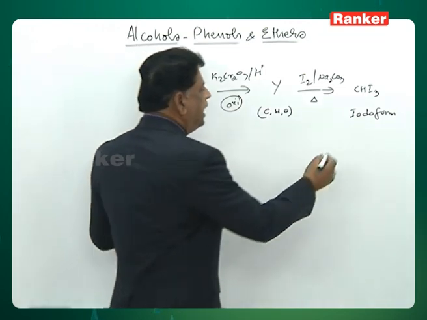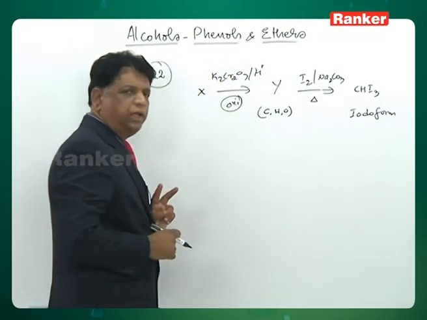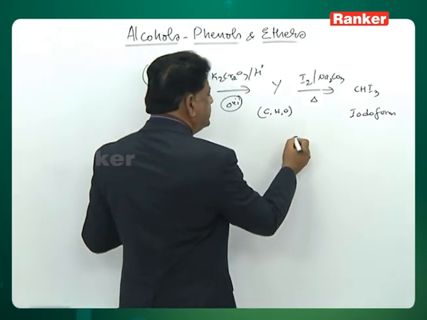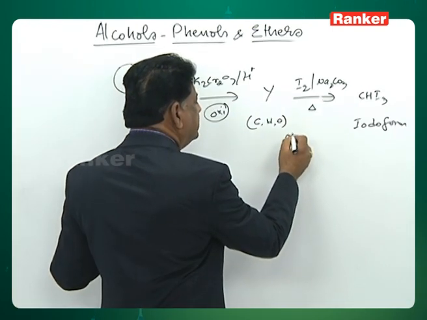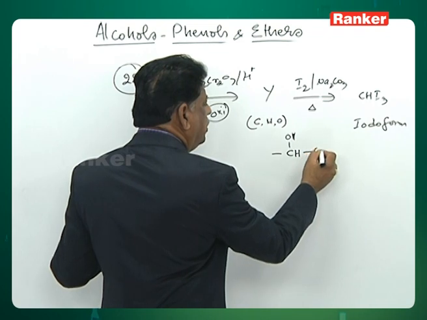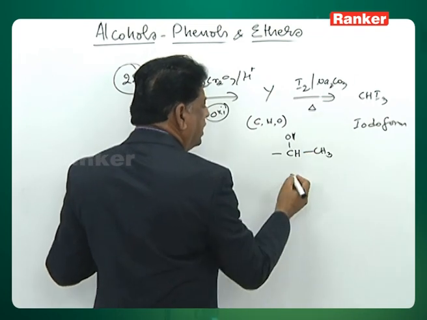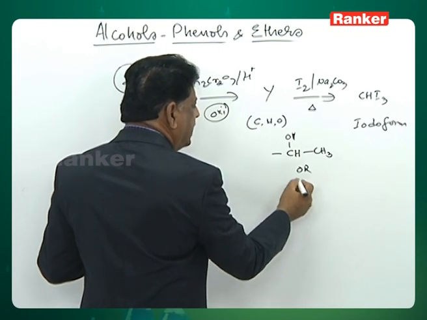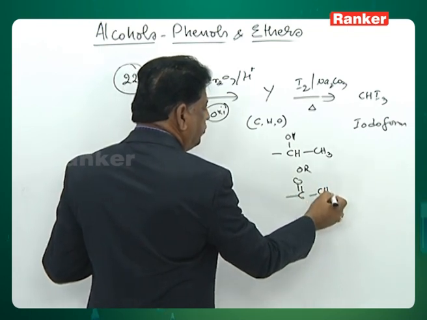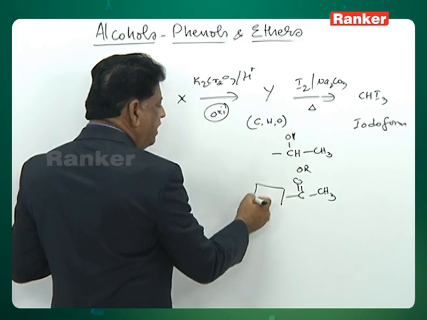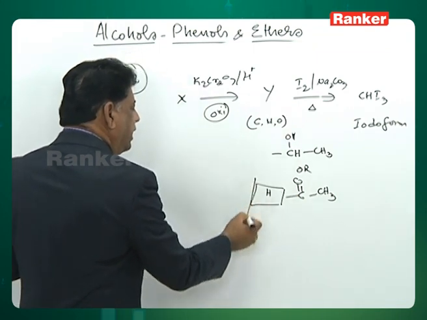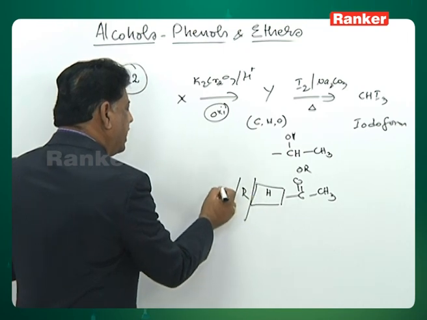To get the iodoform, only two types of compounds are going to give it. In the case of alcohols, the alcohol must have this type of function, then only you will get the iodoform. Or if it is a carbonyl compound, it must have this type of function. On this side you can have a hydrogen, an alkyl group, or an aromatic group.